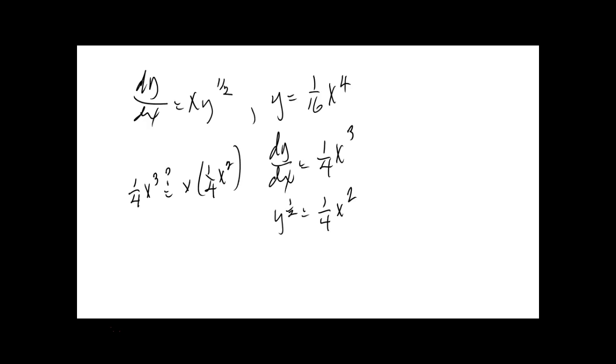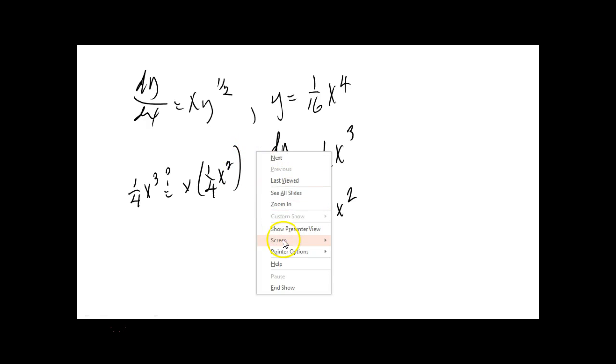Let's do the B part. B part. I far prefer this notation. Y double prime minus 2y prime plus y equals 0.